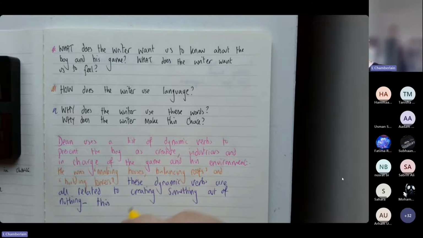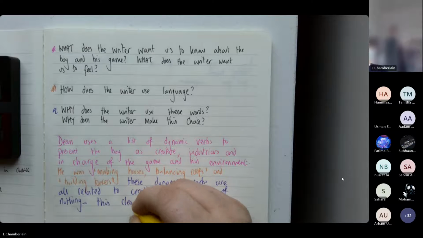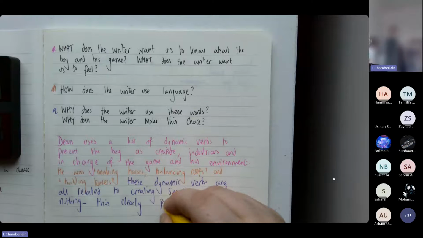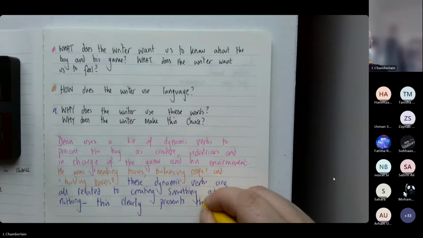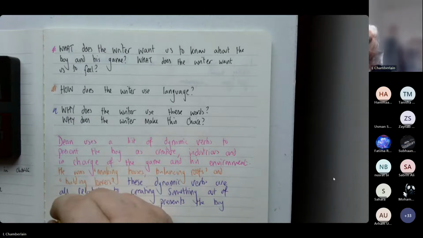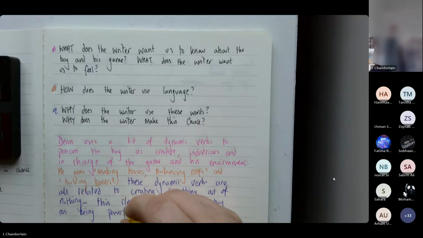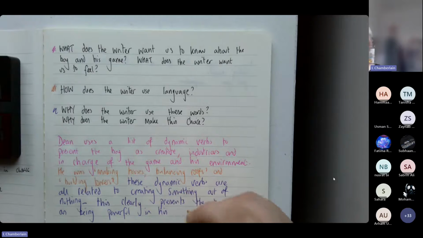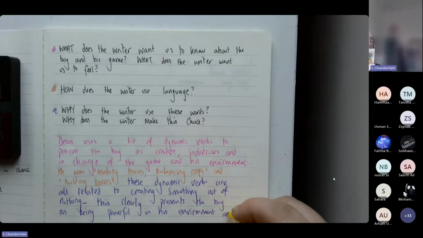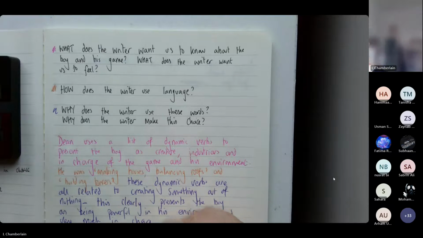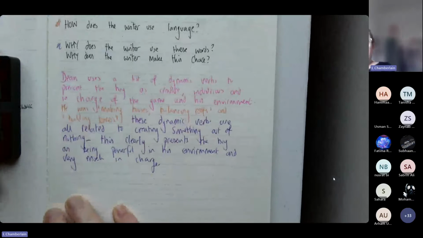This clearly presents the boy as being powerful in his environment and very much in charge. And I could keep adding to this.